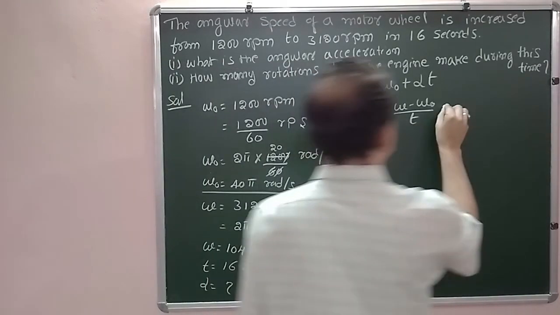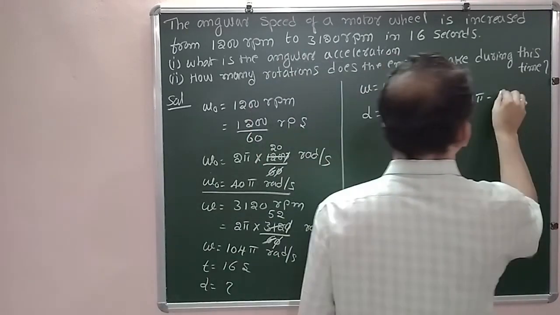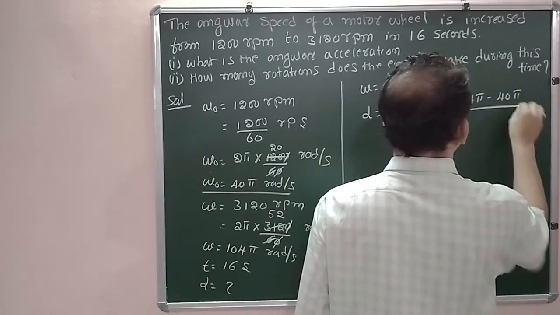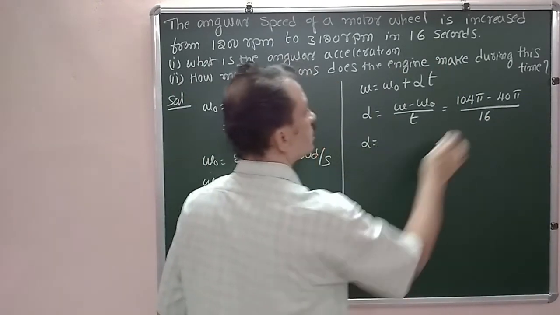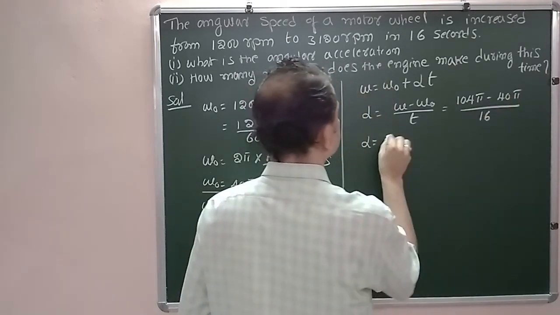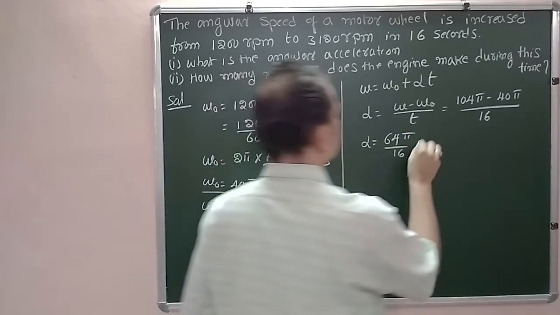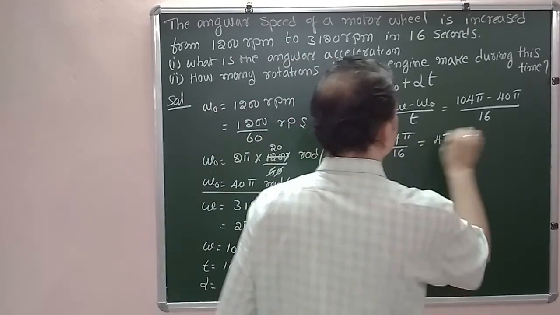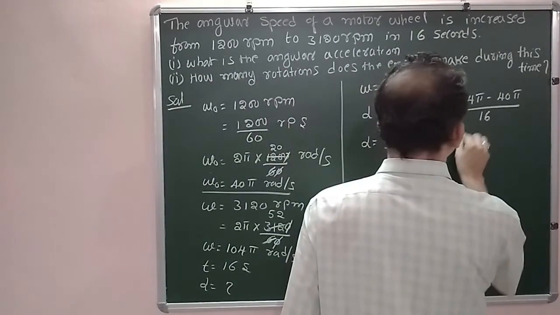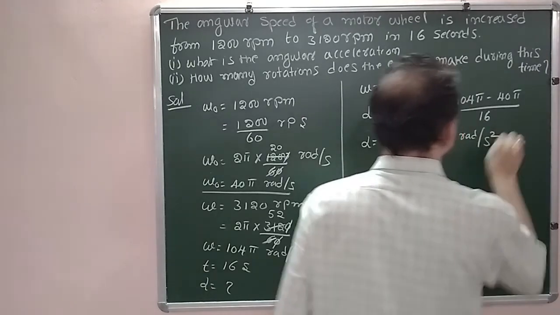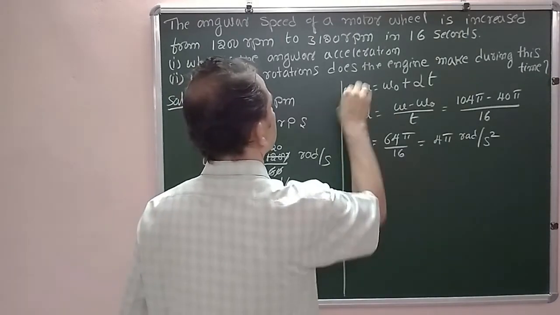Now omega is 104 pi minus omega naught, 40 pi, divided by 16. So it is 104 minus 40, which is 64 pi divided by 16, that is equal to 4 pi. Therefore, angular acceleration of that wheel is 4 pi radians per second square. That is the first one we have worked out.